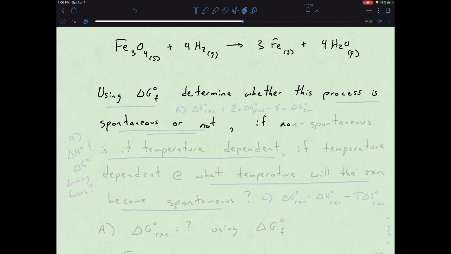If it is non-spontaneous, is it temperature dependent?